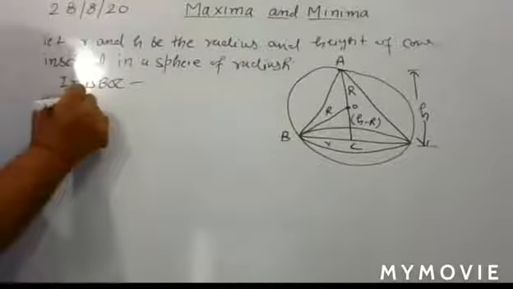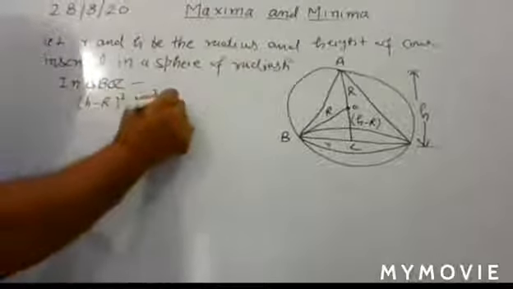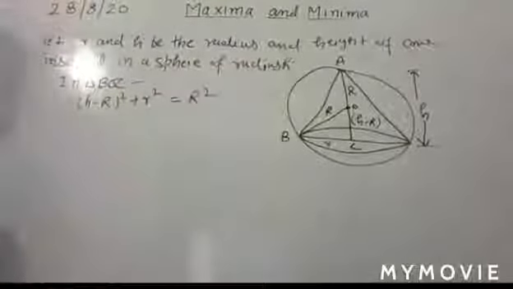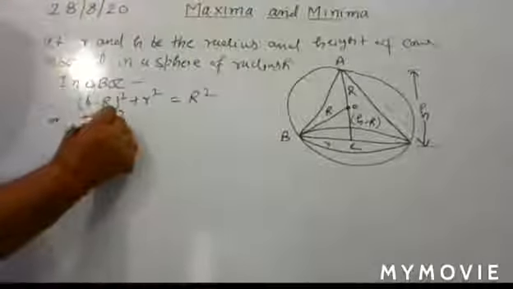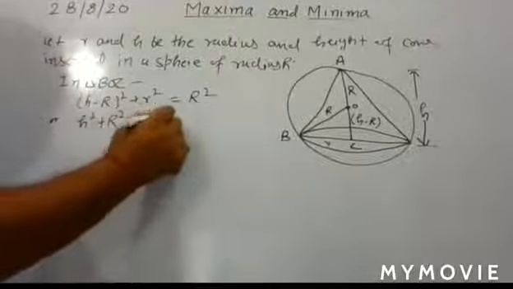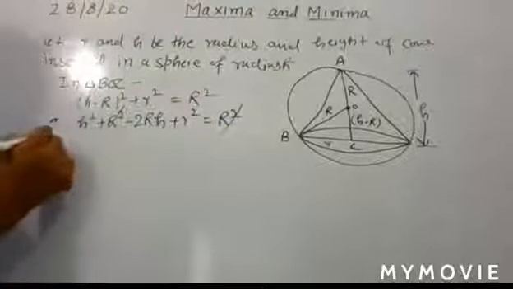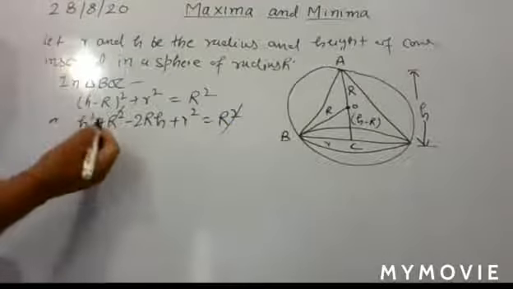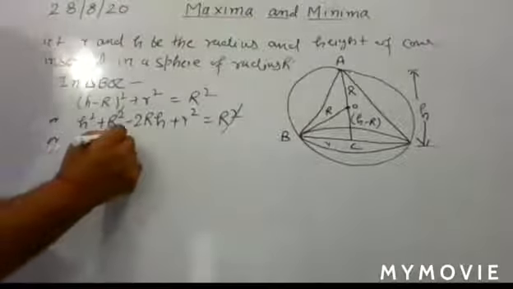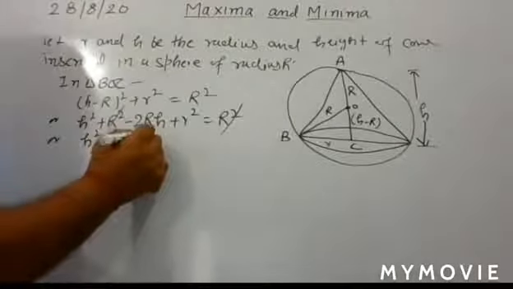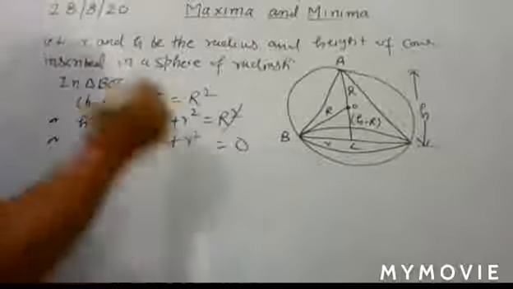In triangle BOC, here you have (h minus capital R) whole square plus r square is equal to capital R square. You can write it this way: h square plus R square minus 2 capital R h plus r square is equal to R square. So R square is cancelled off. And here you have the relation h square minus 2 capital R h plus r square is equal to 0.